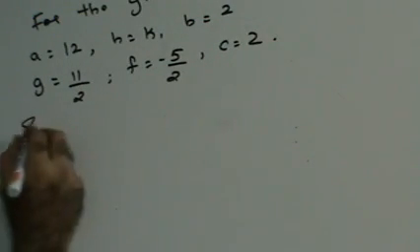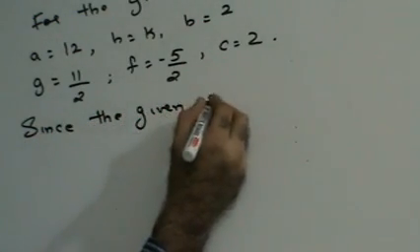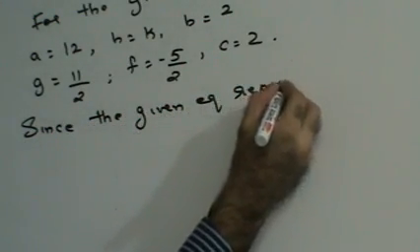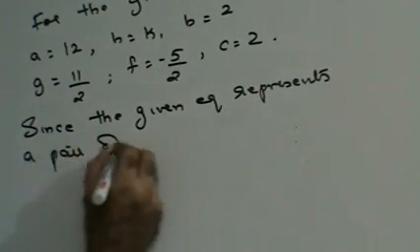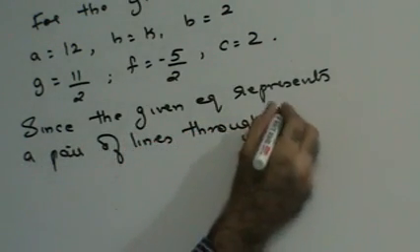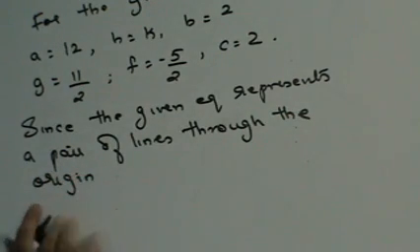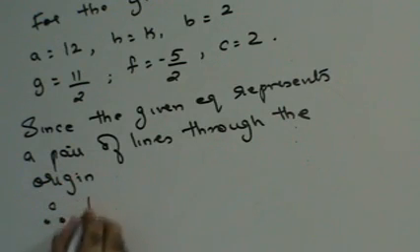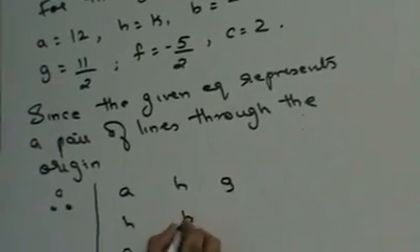Now, since the given equation represents a pair of lines through the origin, therefore I can say that modulus of AHG, BFFC should be equal to 0, right?